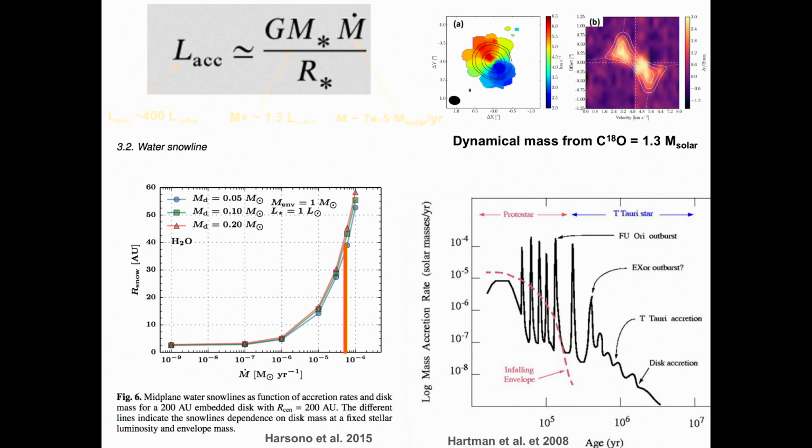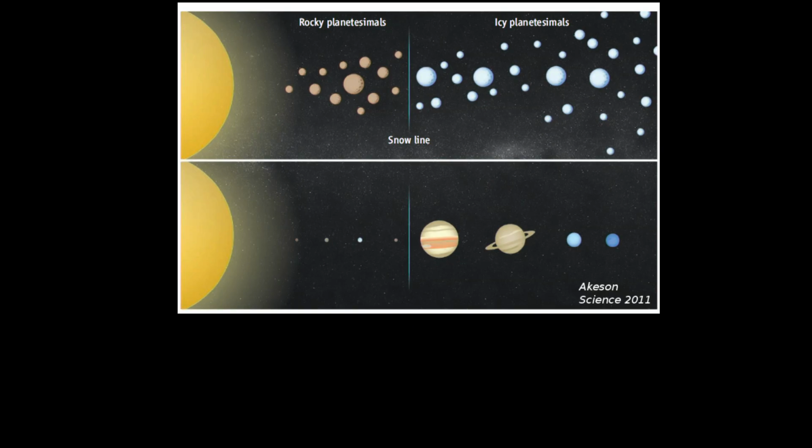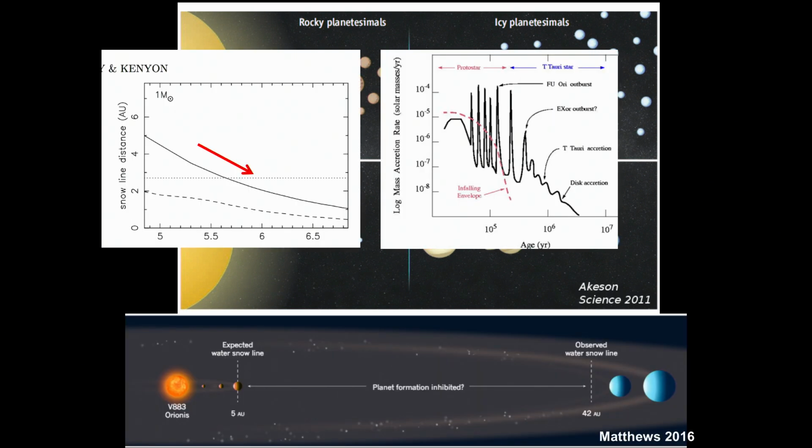So what this means is that the water snowline cannot be considered static, right? It's not a boundary at 3 to 5 AU. This boundary will move in as the accretion rate of the star decreases, but on top of this, we can expect these accretion events that will move the water snowline out very fast, up to distances as far as 40 AU.